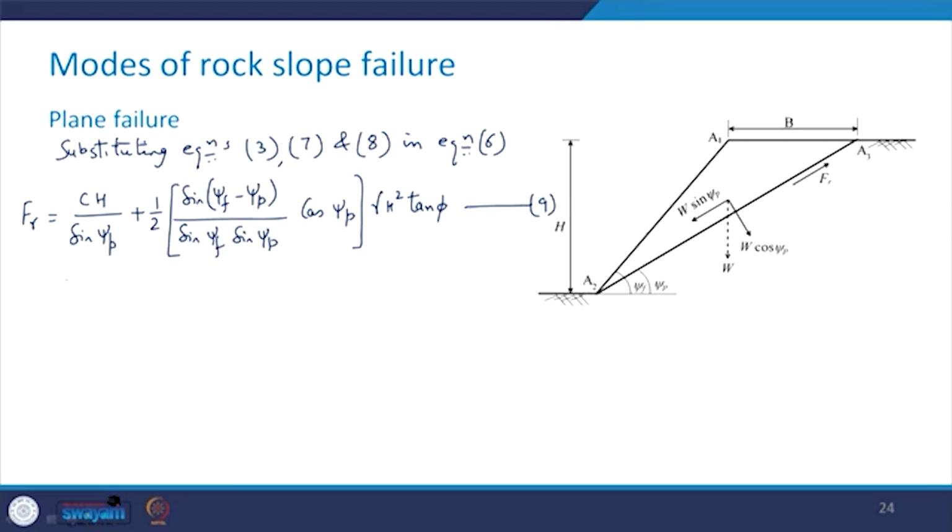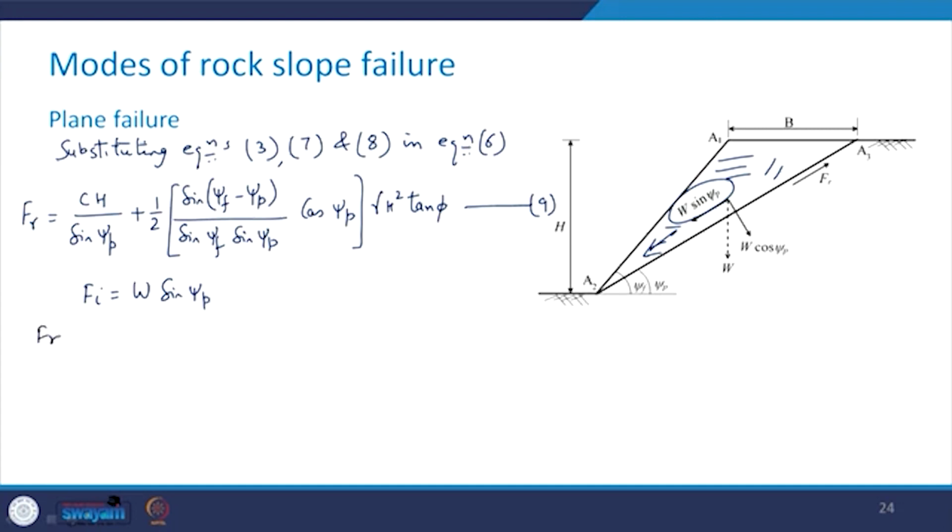Now, from the figure you can see that this Fi is equal to W sine of psi p, because Fi is the force which is tending to induce the sliding in this block, and that is this component of W will cause the sliding of this block like this. So, Fi is W sine of psi p.